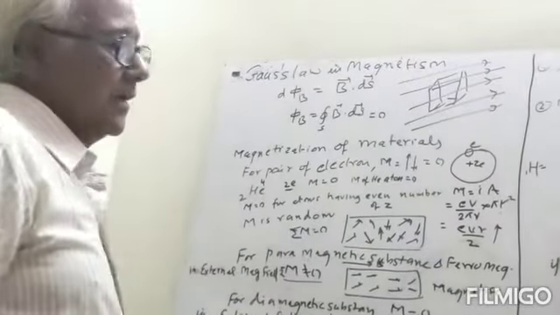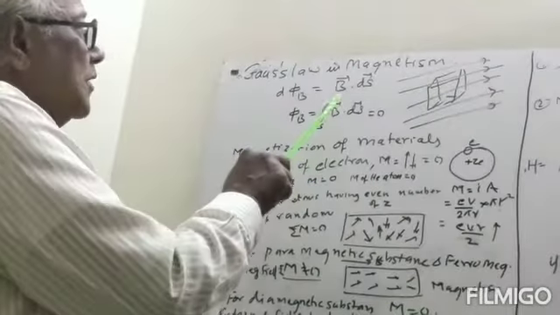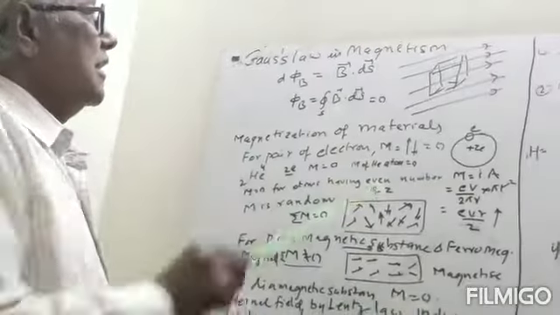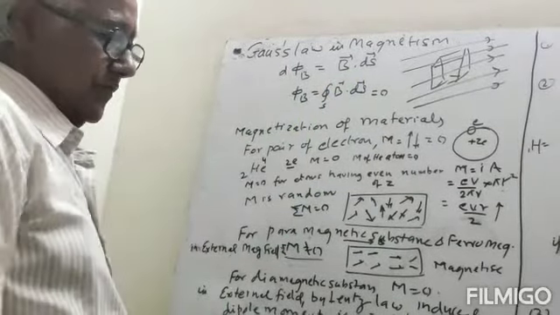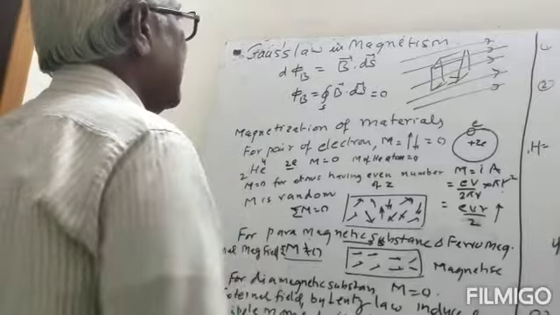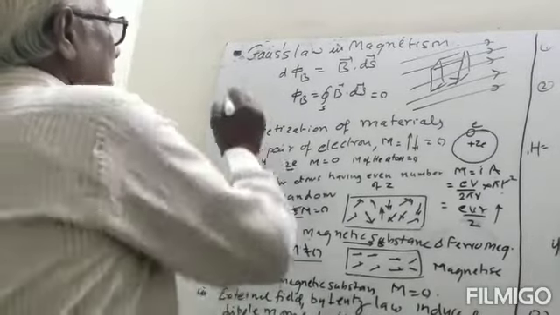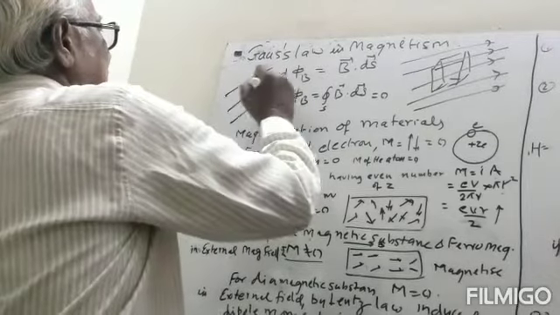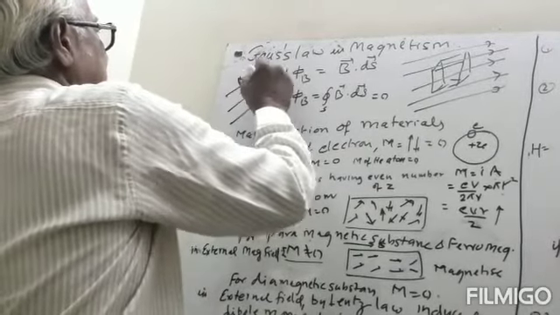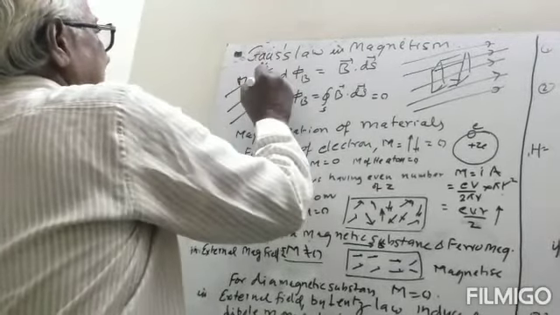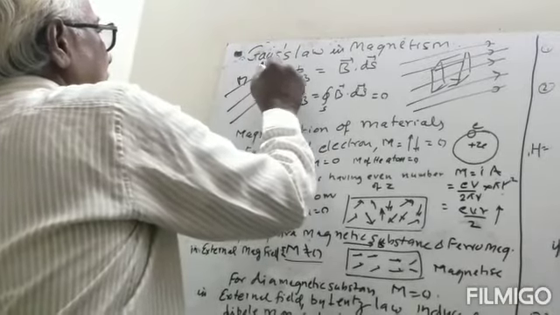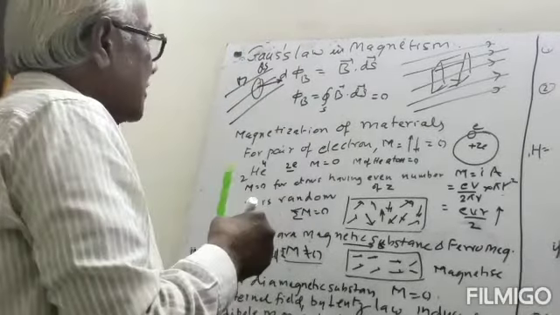So what will be the magnetic flux? If B is the magnetic field, ds is a small area, and ds is a vector. So suppose this is the magnetic field B and this is the ds area. The area vector will be perpendicular to its surface.